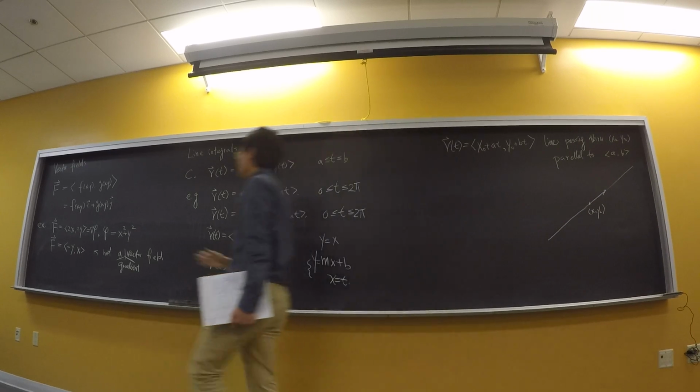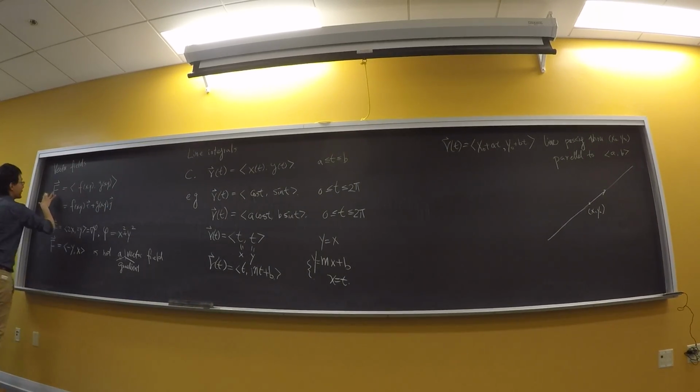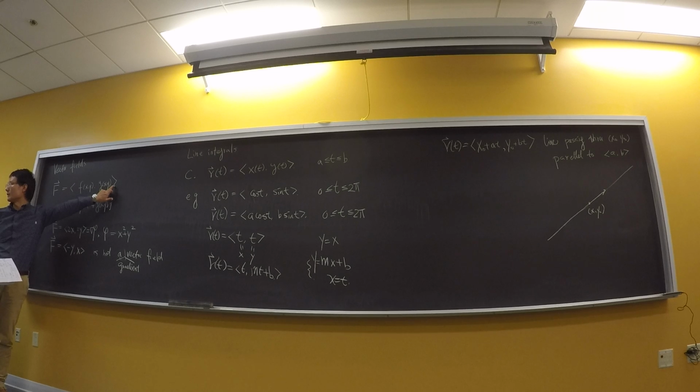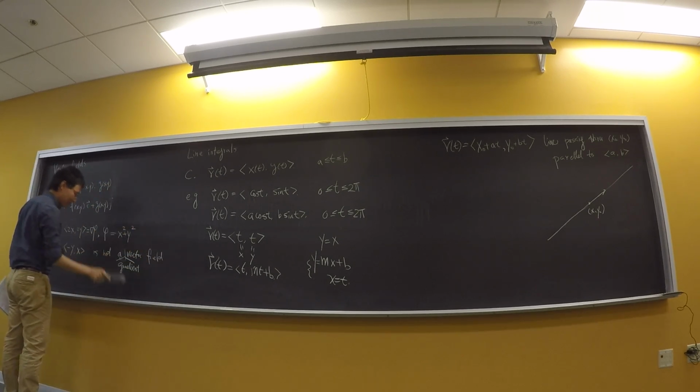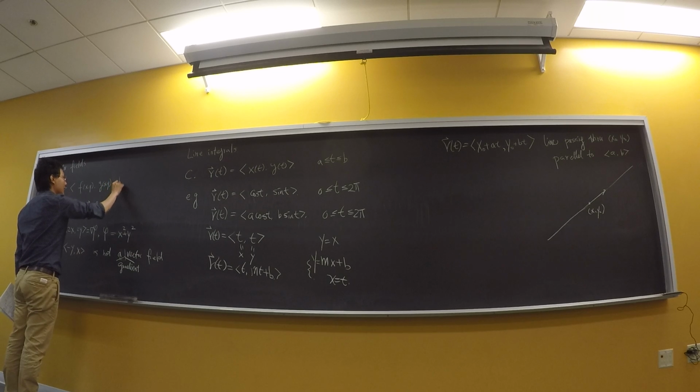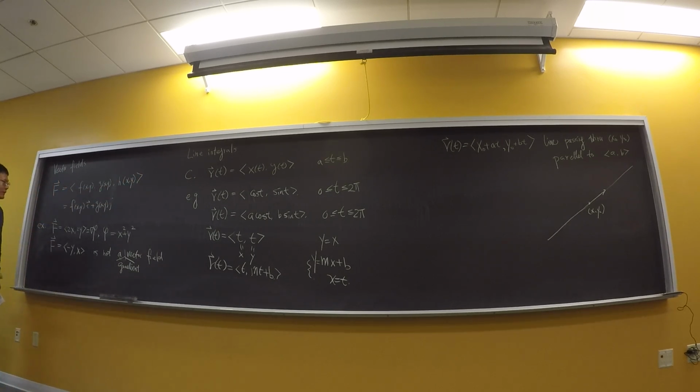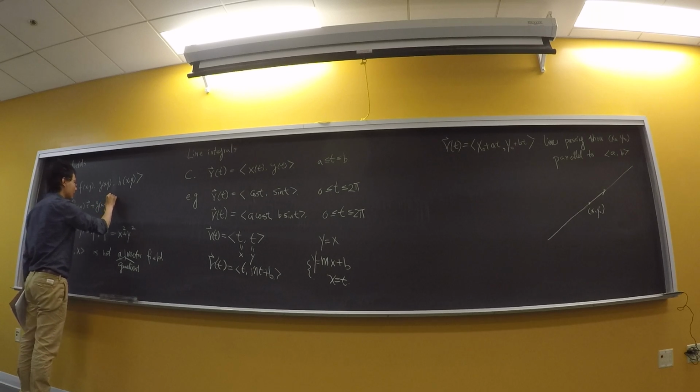I also mentioned we will be able to generalize these vector fields from 2-dimensional to 3-dimensional. The only thing you need to add in is one more component. So this will be a vector field in R3.